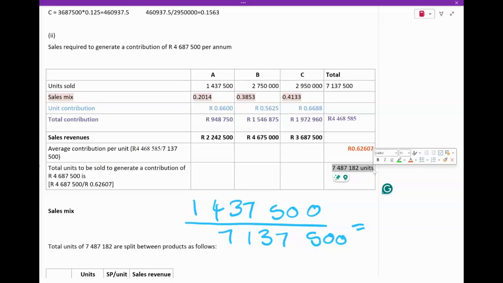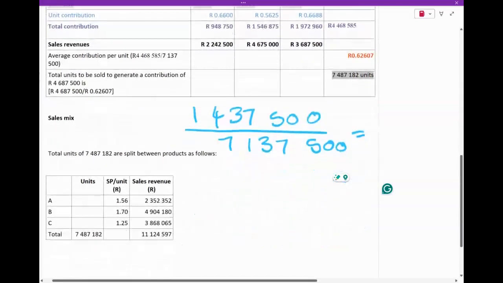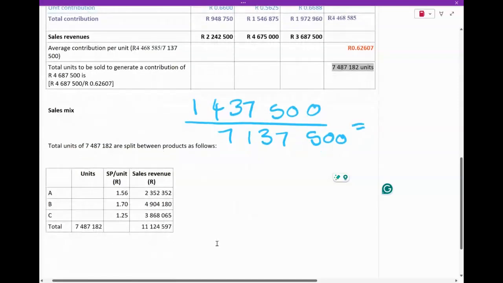So that means that these 7,487,000 units must be split across the products in that same sales mix that we have established already. Does that make sense? Okay? So we're going to take this 7 million and we are going to apportion it in that fashion. Okay? So here, to calculate A, we're basically then saying what?